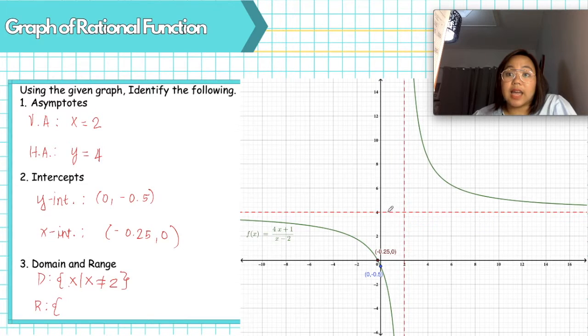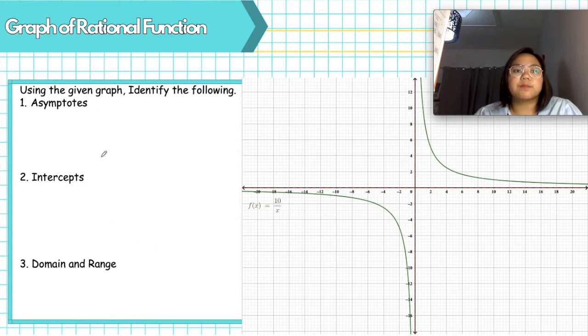So maliban ng kay 4, kasi yun yung asymptote. So therefore, the range will be y such that y is not equal to 4. So in writing the range, kung si domain, ang restriction niya ay yung vertical asymptote, si range naman, ang restriction niya ay si horizontal asymptote.